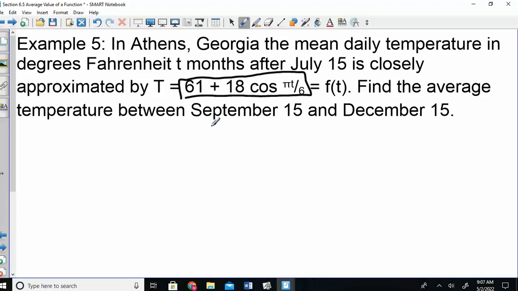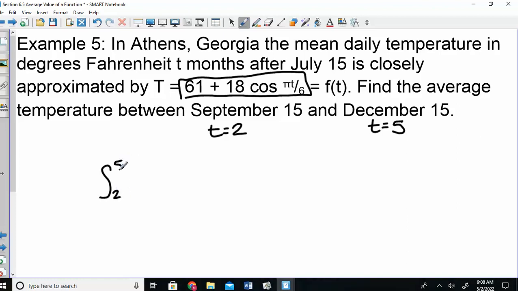Okay, t is the number of months since July 15th. So September 15th would be when t is, September is how many months after July? 2. December would be when t is 4. 5. Who said 4?